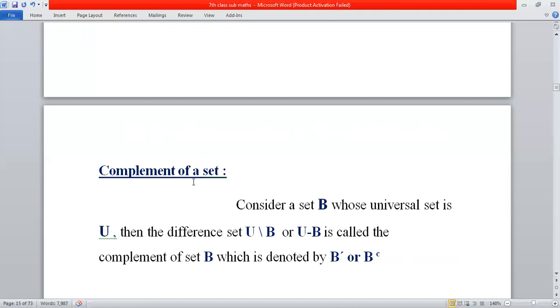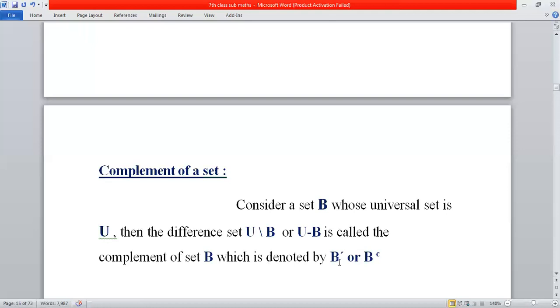In difference of sets we subtract two sets from each other, but in complement of a set we subtract the set from the universal set. Consider a set B whose universal set is U. Then the difference set U minus B is called the complement of set B. The complement of a set is denoted in two ways.